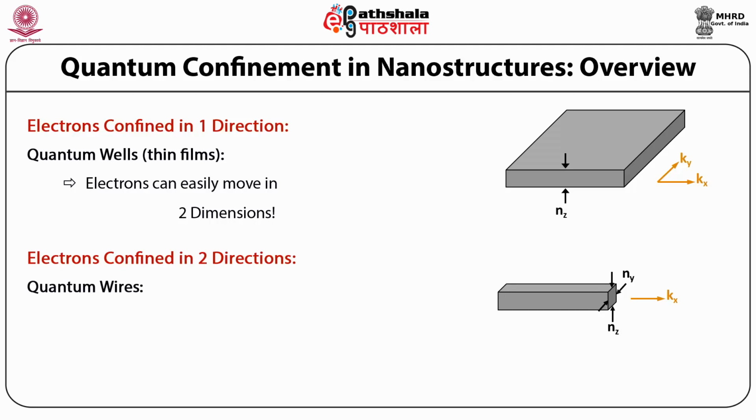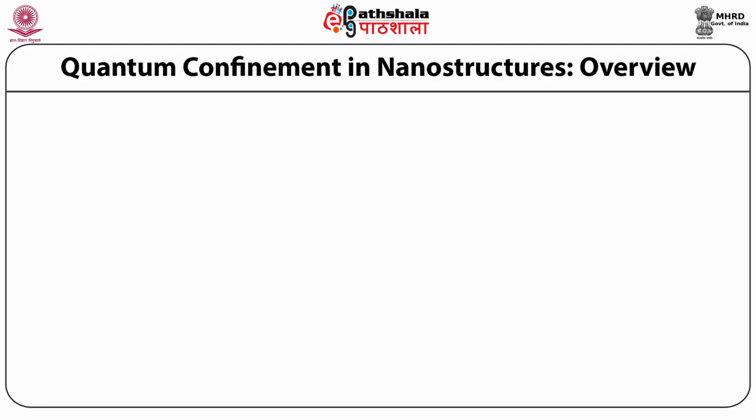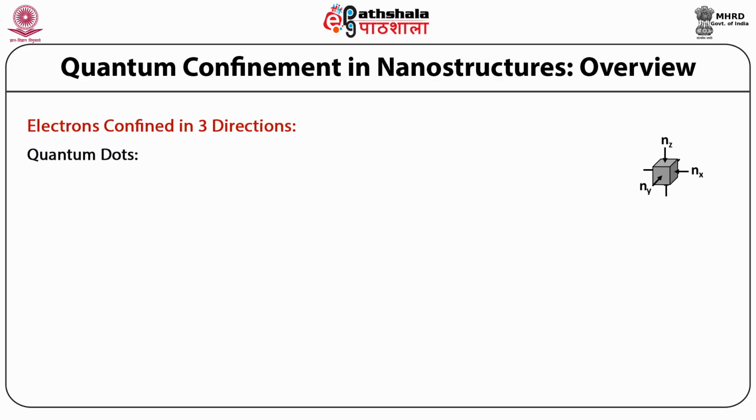These are quantum wires, where electrons can easily move in 1 dimension, that is along kx only. Next is electrons which are confined in 3 directions, that is a quantum dot, where electrons can easily move in 0 dimension, as it is shown in this figure.